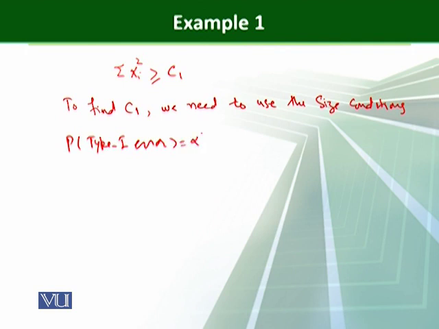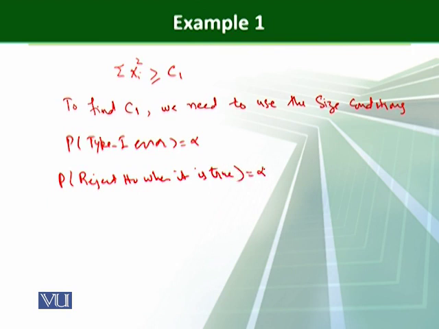And what is the probability of type 1 error? That is, the probability of rejecting H naught when it is true. So that is alpha.